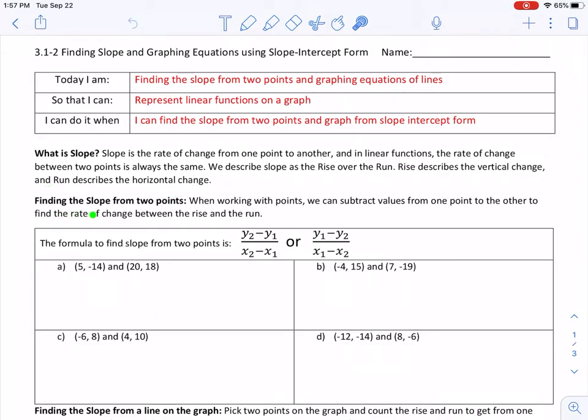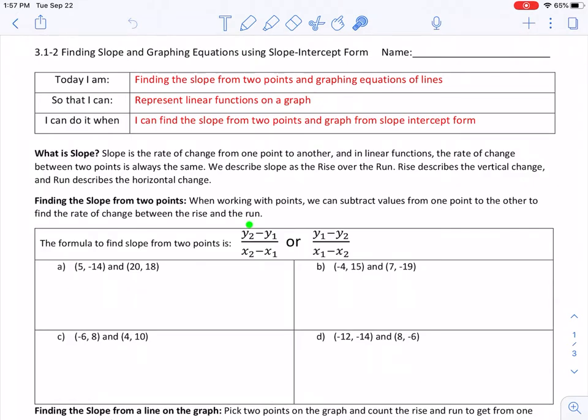So when we're finding the slope from 2 points, when working with points, we can subtract the values from one point to the other to find the rate of change between the rise and the run. And so I've written down 2 different formulas. Now they're not very different, but there are some differences.